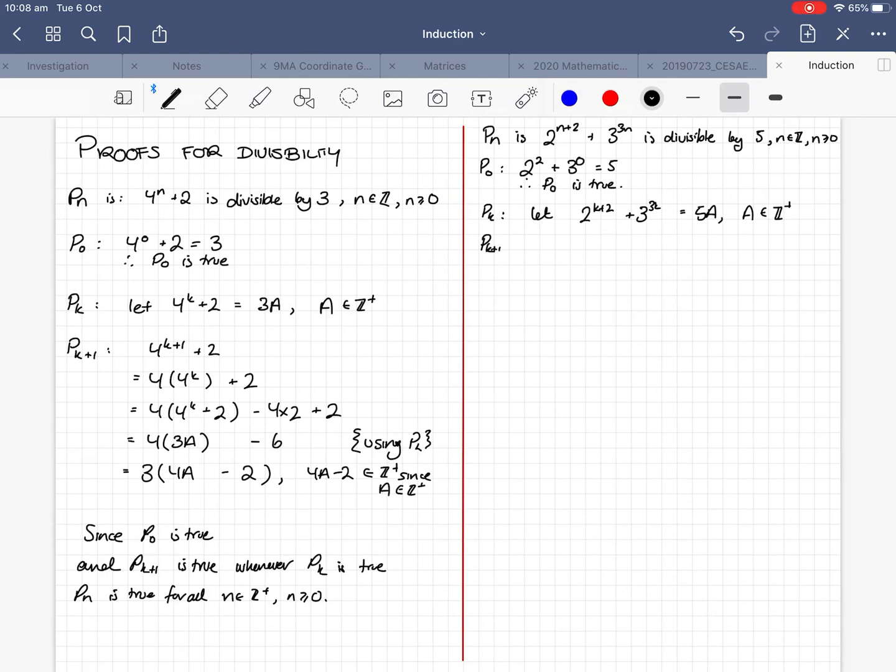Now we get into Pk plus 1. Keeping in mind we need to use Pk at some point in here, but let's just write Pk plus 1 here. So 2 to the power of k plus 2 plus 1 plus 3 to the power of 3k plus 3.